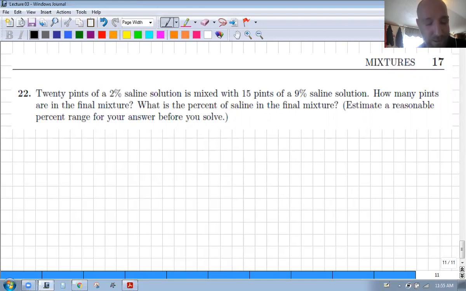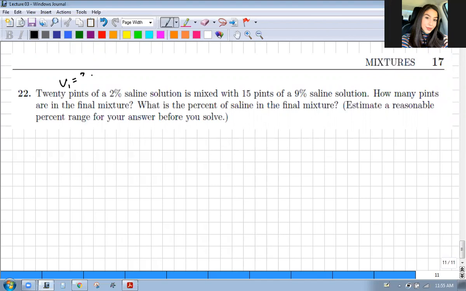So what's our V1 here? 20 pints, that's right. We're working in pints here. So what's our C1? C1 is 2%, and we're working with saline.